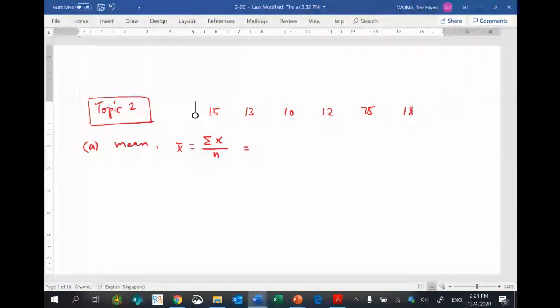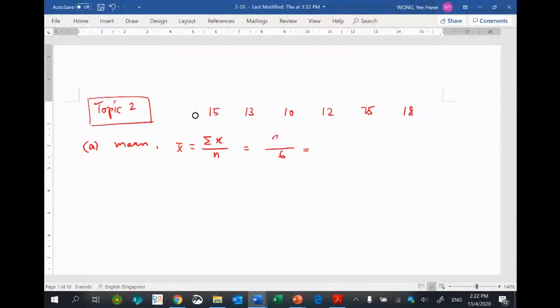So you just press your calculator and add up all the numbers here. All the 6 numbers, can you add up? Then you're going to divide by 6. How much do you get?